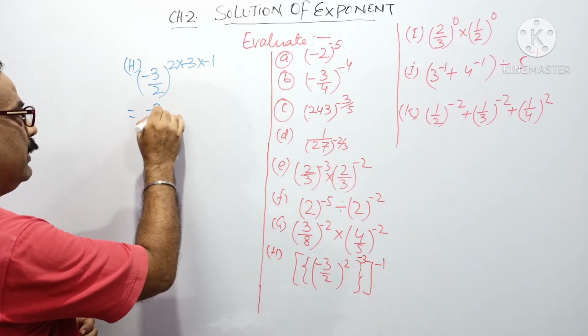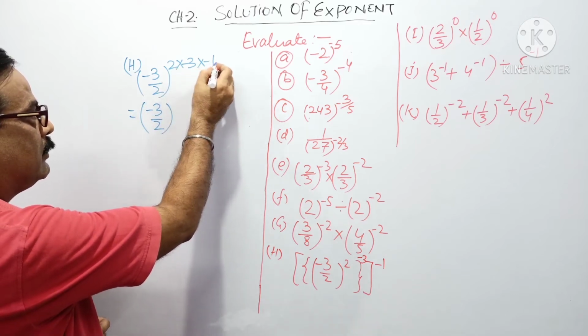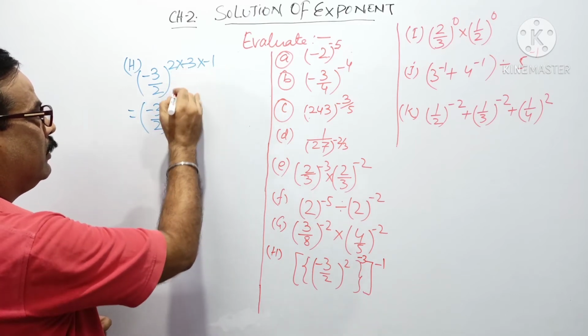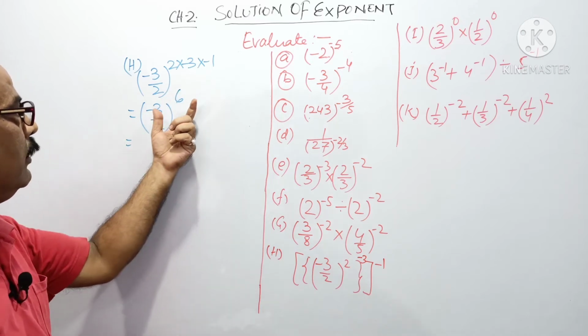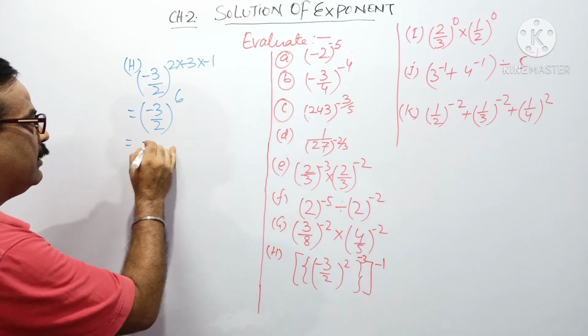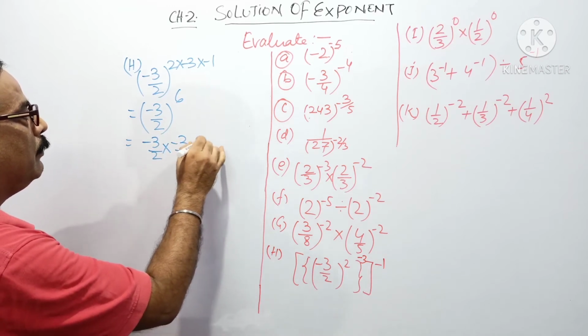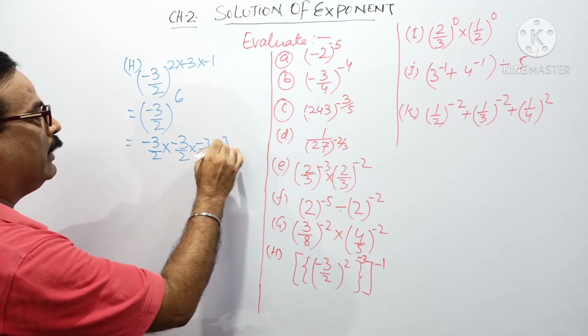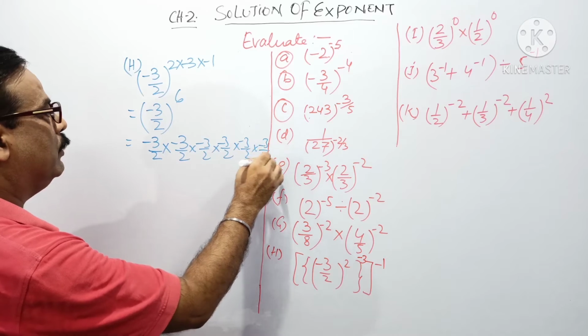So from here, minus 3 by 2, and the power is 2 threes are 6, 6 ones are 6, that is power 6. And as you know, we can write this as minus 3 by 2, 6 times: minus 3 by 2, minus 3 by 2, minus 3 by 2, minus 3 by 2 and minus 3 by 2.